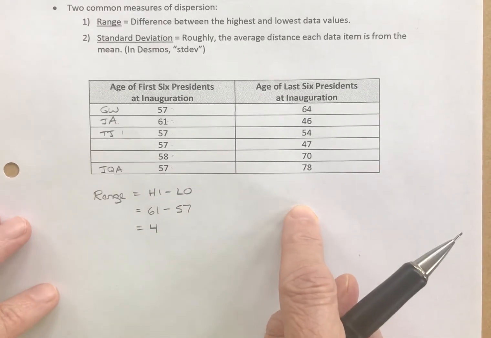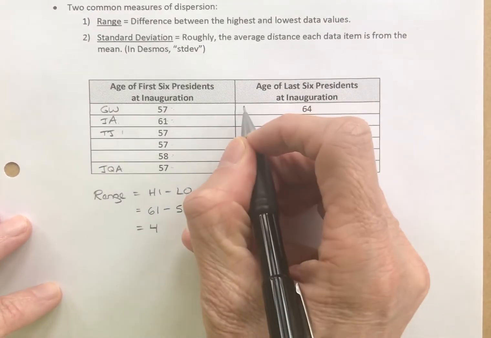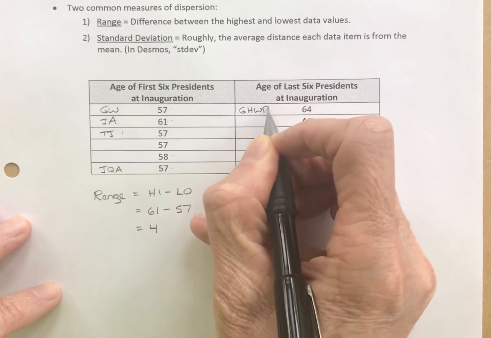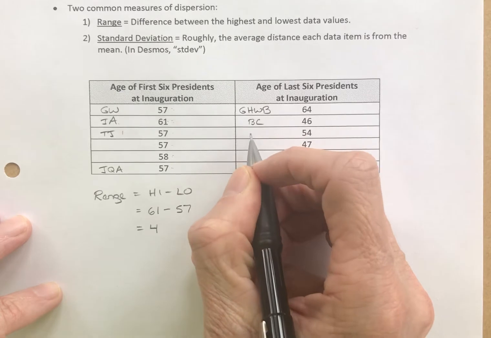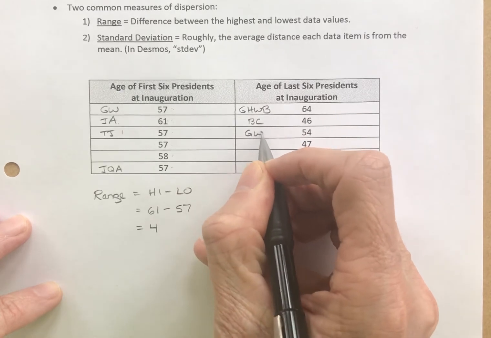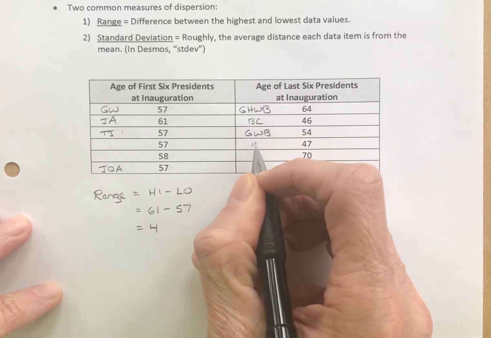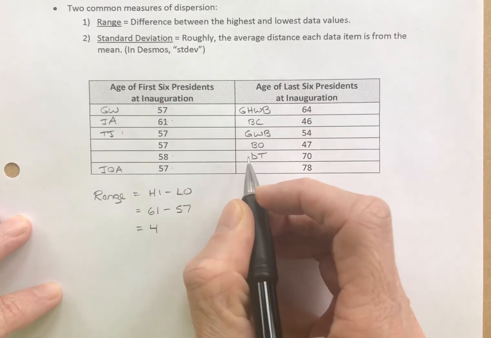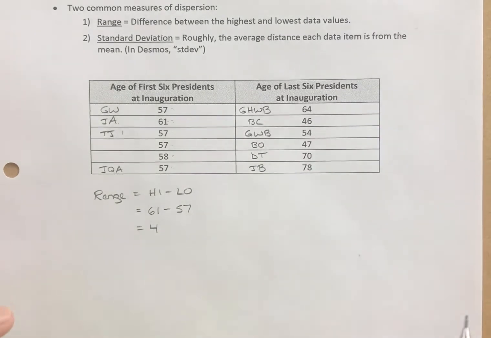Let's compare that to the ages of the last 6 presidents. If memory serves, this is George Herbert Walker Bush. He was followed by Bill Clinton, followed by George W. Bush, the son of George Herbert Walker Bush, followed by Barack Obama, followed by Donald Trump, and finally followed most recently by Joe Biden.